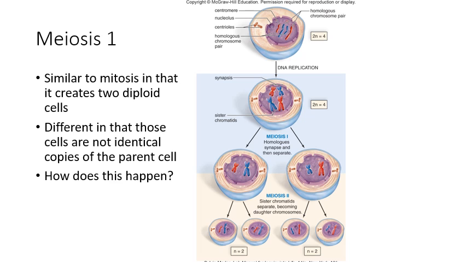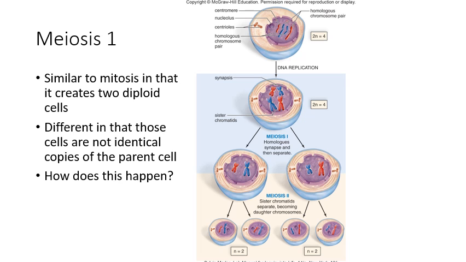Meiosis 1 is the first half of meiosis. This is very similar to mitosis in that we're creating diploid cells, but it's also different because they're not genetically identical. Again, it's essential in mitosis, which we talked about in chapter 9, to make genetically identical cells. Because if all of our cells after fertilization are not genetically identical, they're all going to behave a little bit differently, and they won't really act in sync, and it'll be much more difficult to have big multicellular organisms doing complex tasks.